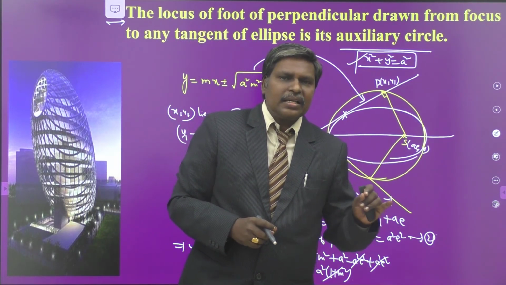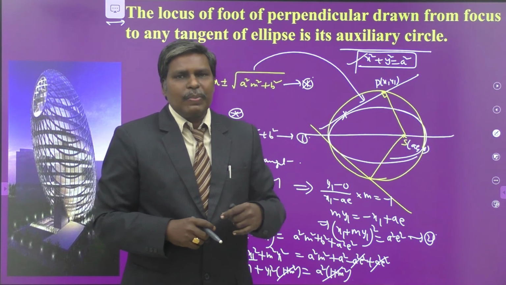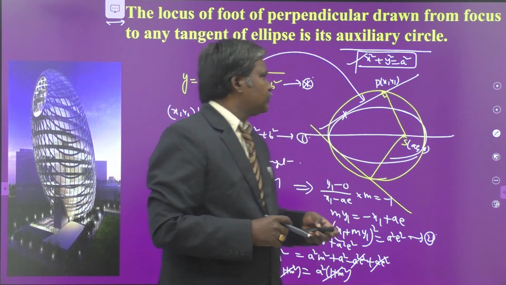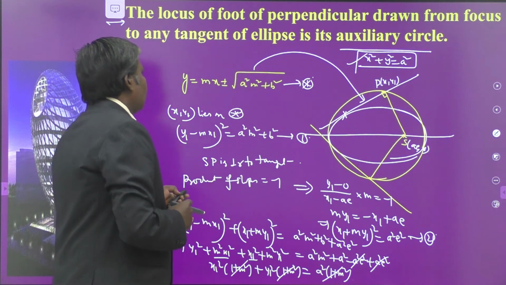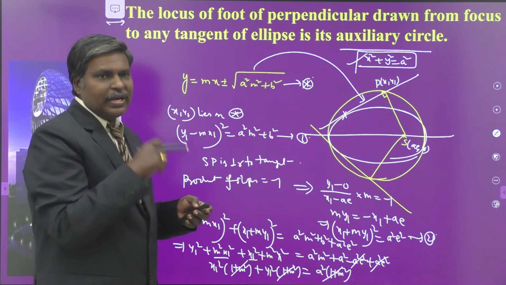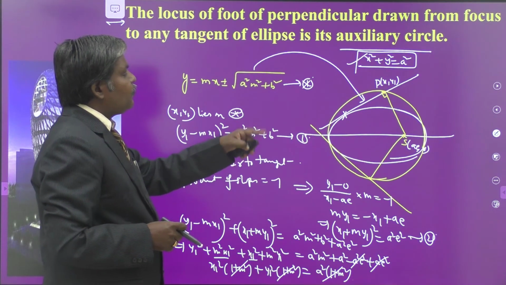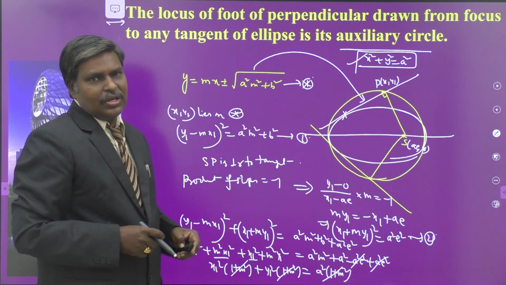What is the director circle here? x square plus y square is equal to a square plus b square. Director circle means the locus of the point of intersection of perpendicular tangents. The locus of the foot of the perpendicular drawn from the focus to a tangent is the auxiliary circle.